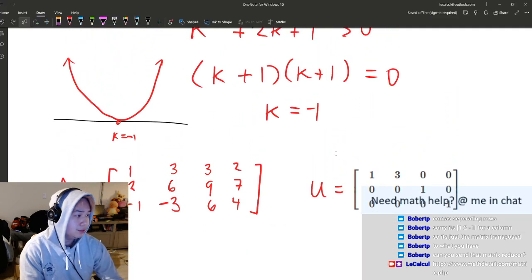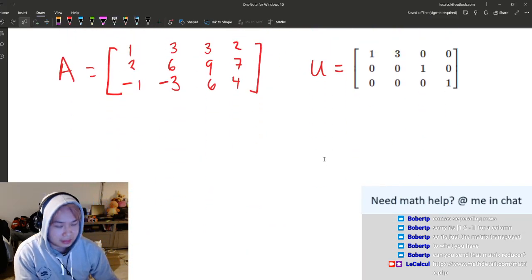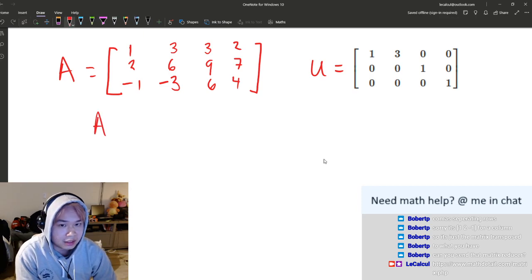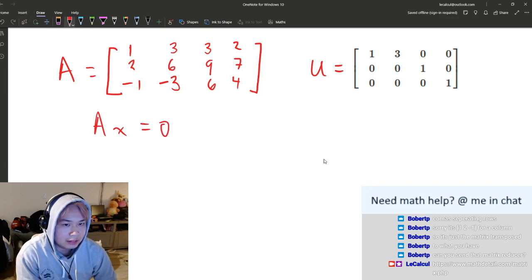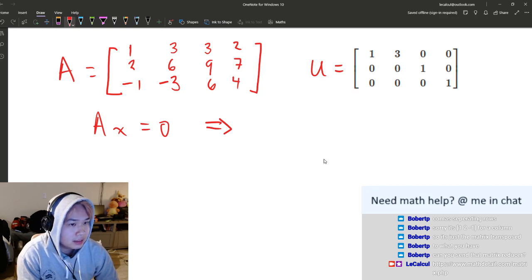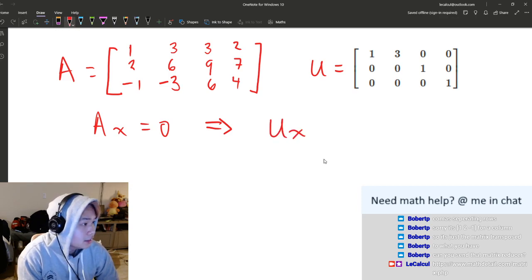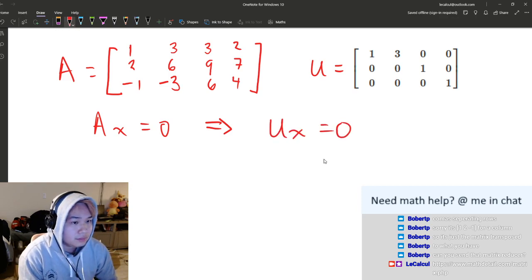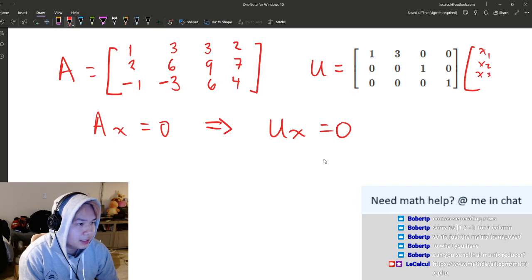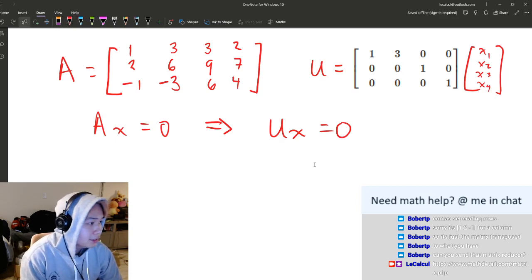So essentially, what we needed to do was solve Ax equals 0, which is equivalent to solving Ux equals 0. So this gets multiplied by x1, x2, x3, x4, and then this needs to equal the 0 vector.